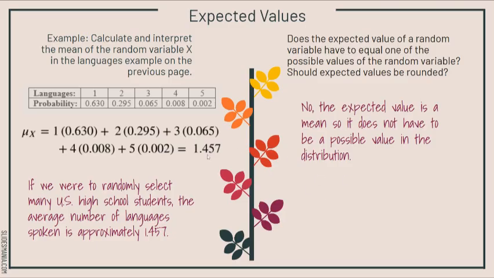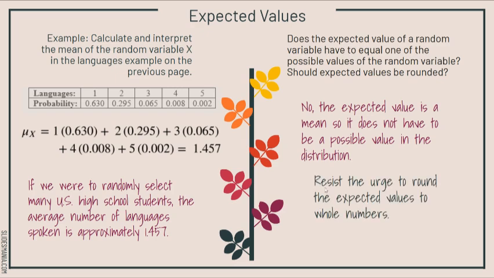This is what you would write: if we were to randomly select many U.S. high school students, the average number of languages spoken is approximately 1.457. So resist the urge to round expected value numbers, because it's a mean, and it's okay for the mean to be a decimal. All right, I will see you in class.